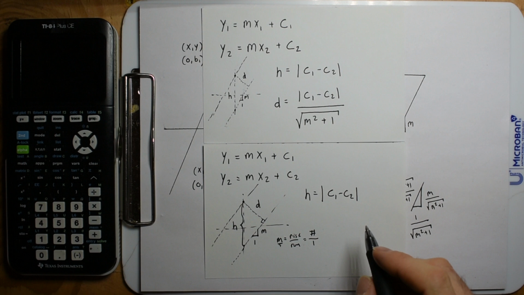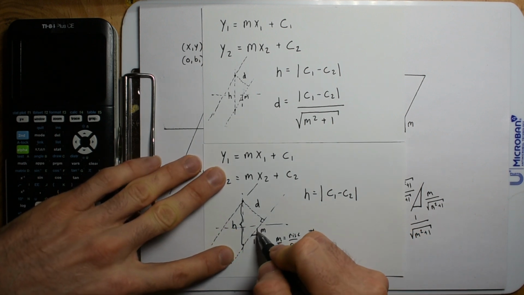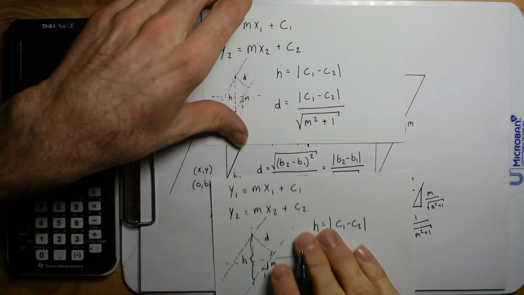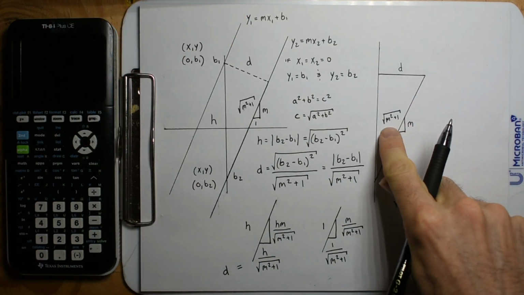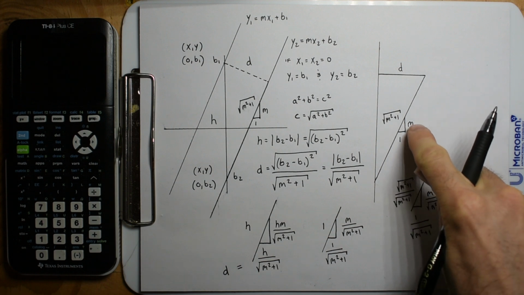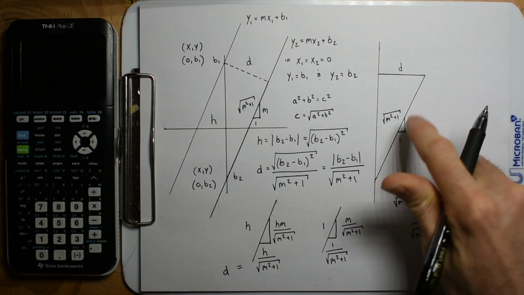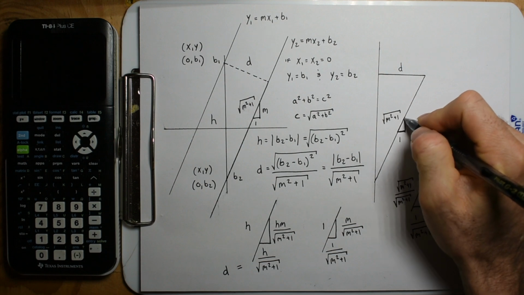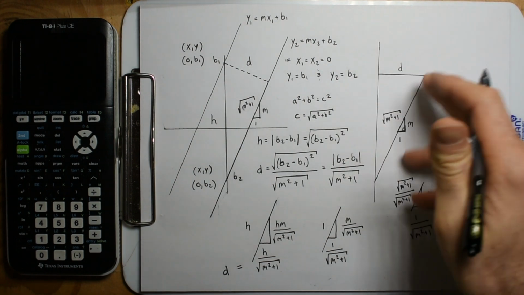It's not too tricky, but let's do this in one step, and then we'll slow down and see how to take this triangle and find the hypotenuse. What you're doing is making a mini right triangle, proportional to this bigger triangle.